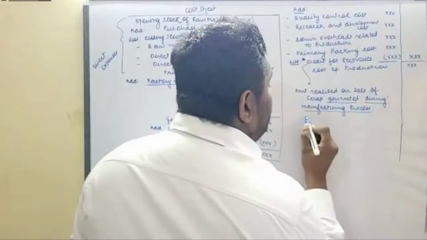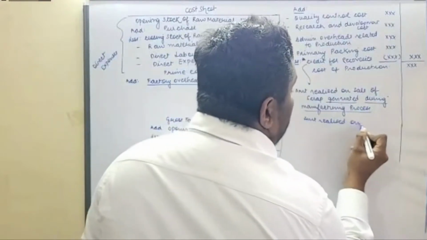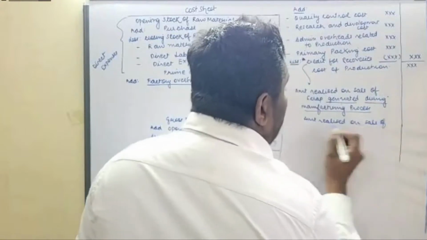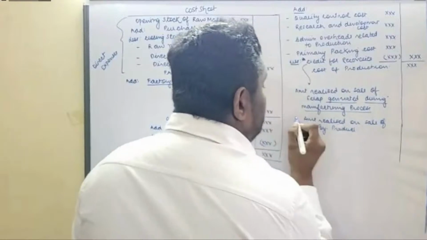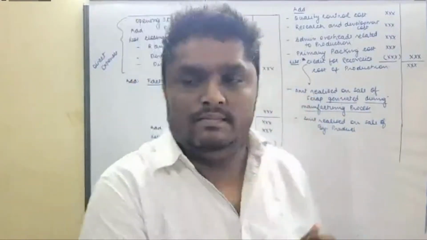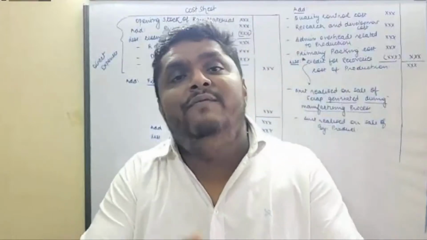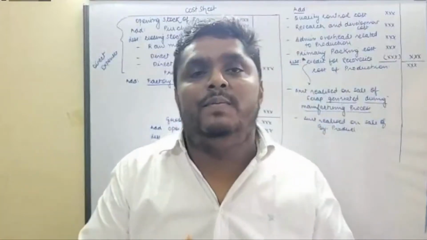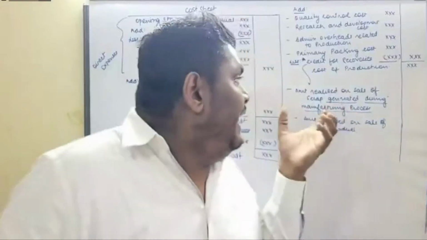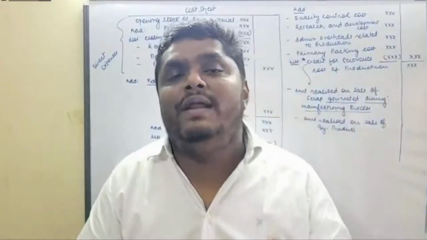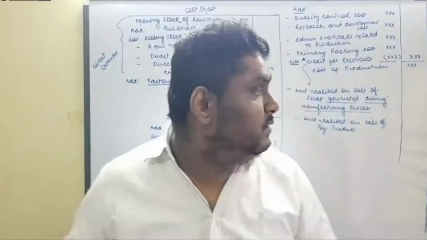Or we can say amount realized on sale of byproduct. So if raw material is damaged and sold in the market, it will be deducted from the purchase price. But if during the production process some waste is generated and that waste or scrap is sold in the market, yes, it will be deducted for calculating the cost of production.